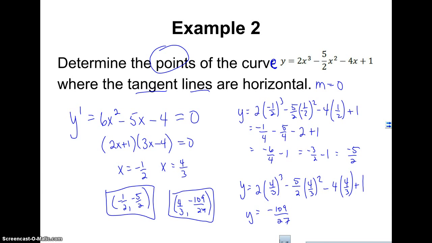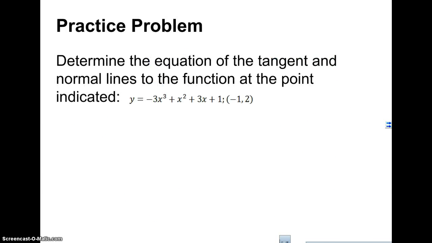You can try a practice problem here, and if you pause it right now, I'll give you the solutions after you pause. Okay, here's the solution. So y prime equals negative 9x squared plus 2x plus 3, and I'm going to plug in negative 1 here.